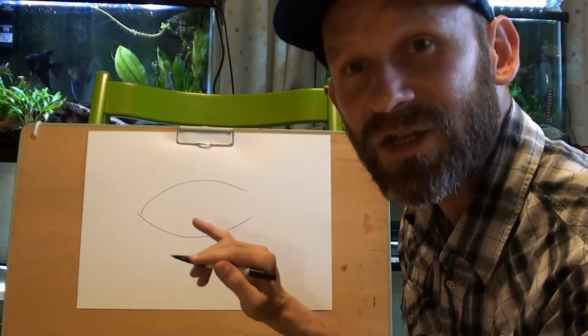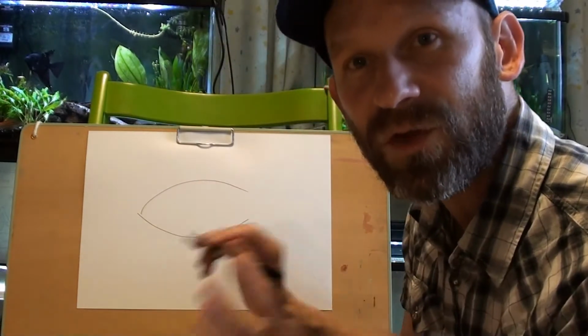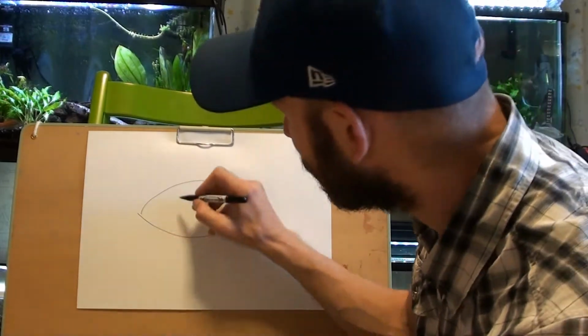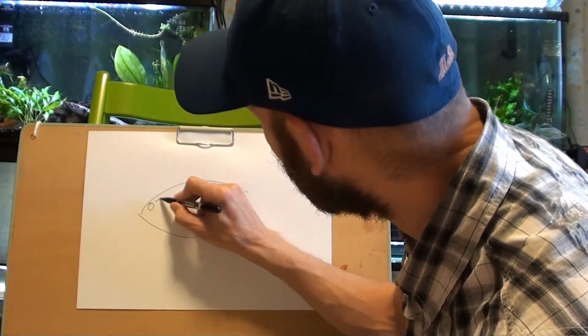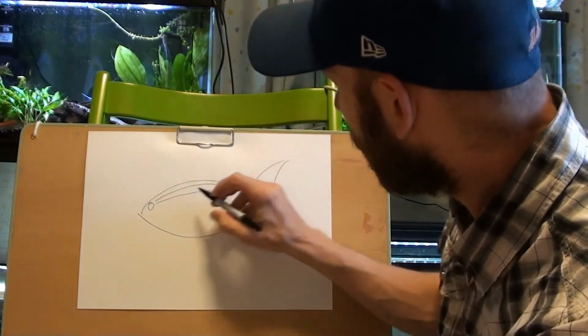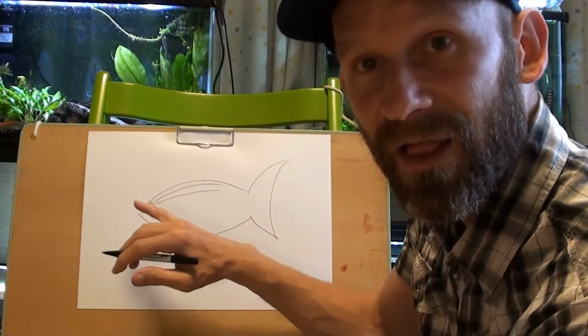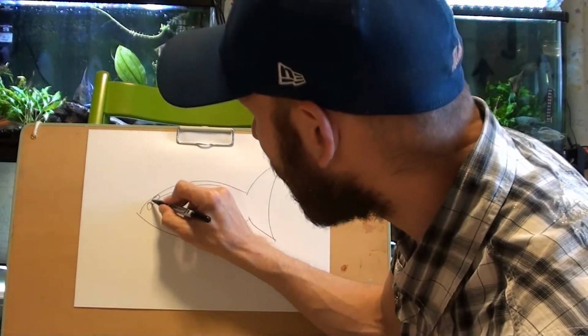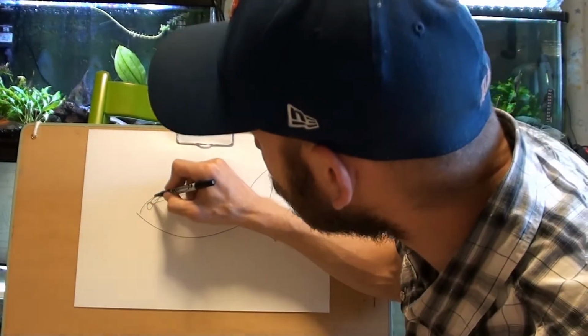First of all, we need the shape of a fish, and a few parts just to give myself a starting point. Here would be the eye. Right around behind the eye is, of course, the brain.